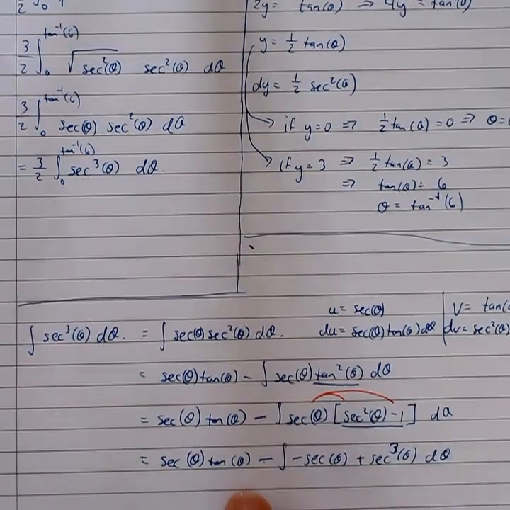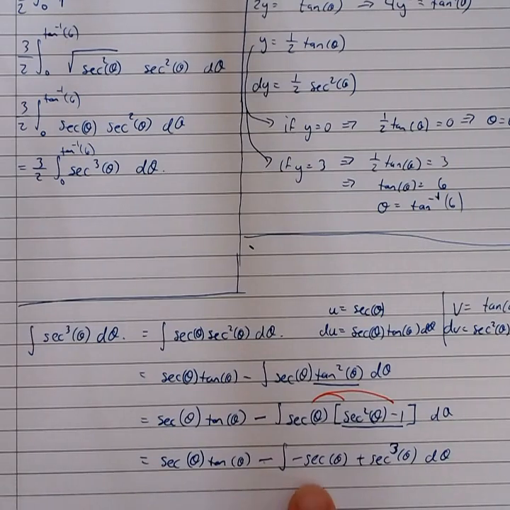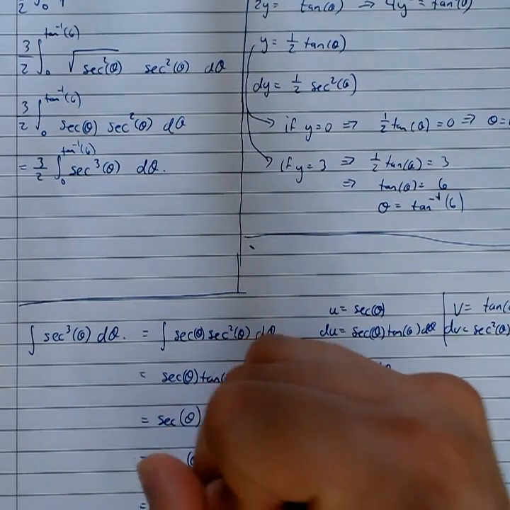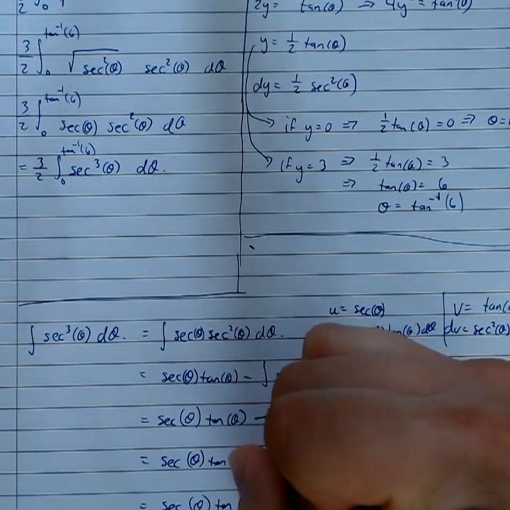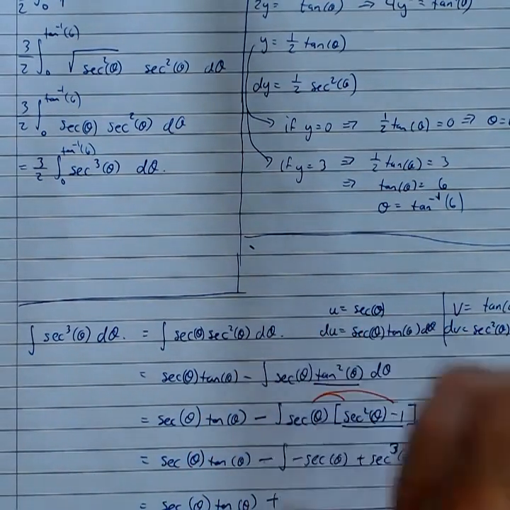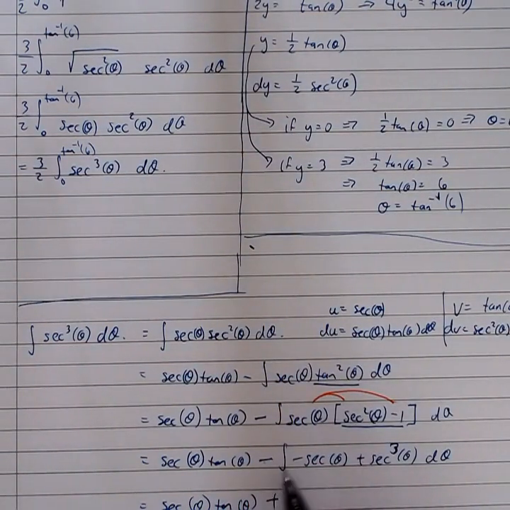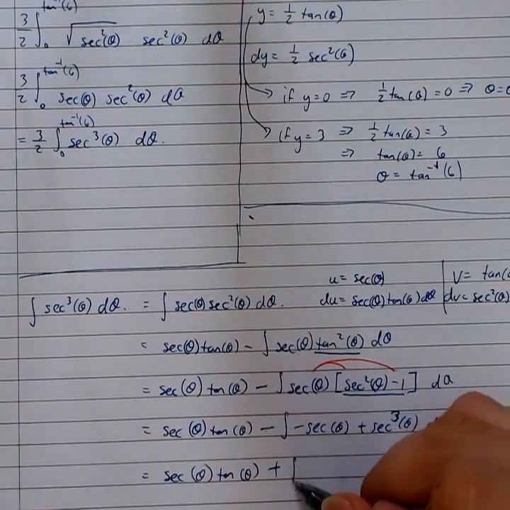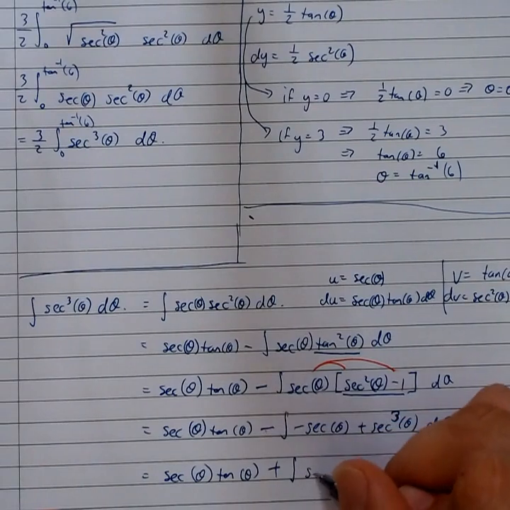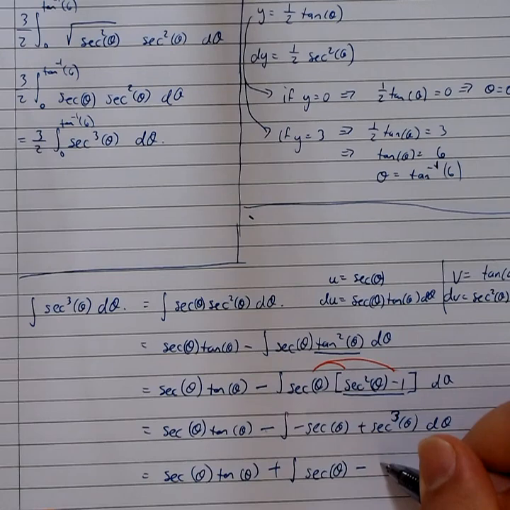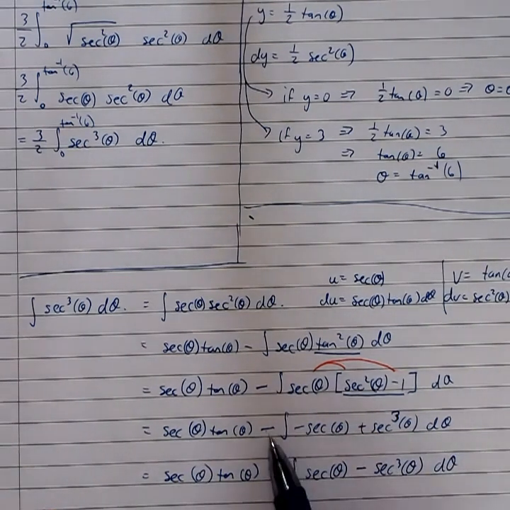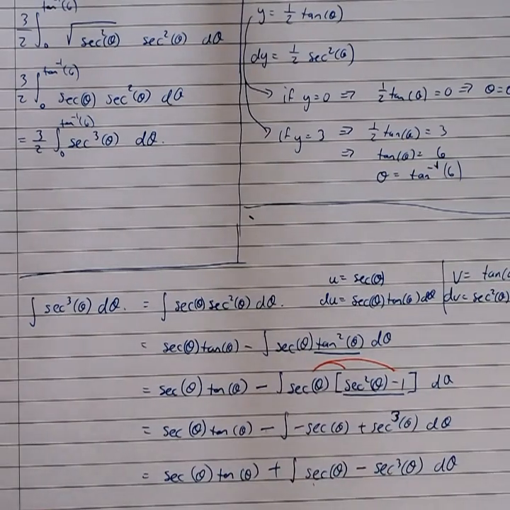Here, let me go ahead and distribute that negative. So that'll give me secant of theta tangent of theta plus, and that's why I wanted that one first, so that I could have that positive in the front, plus the integral of secant of theta minus secant cubed of theta d theta. So distribute that, makes that a positive, makes that a negative.